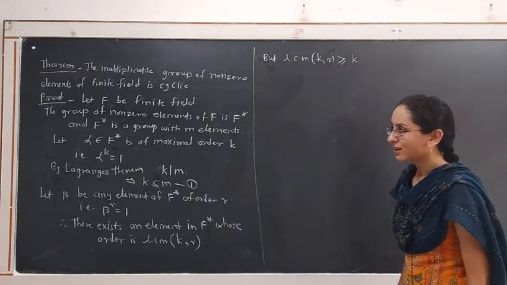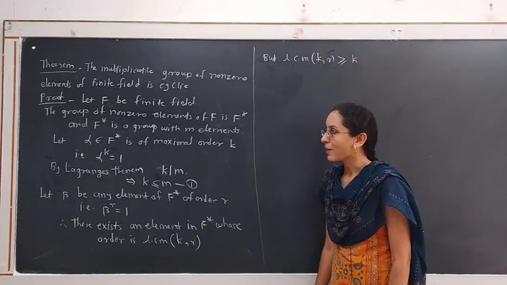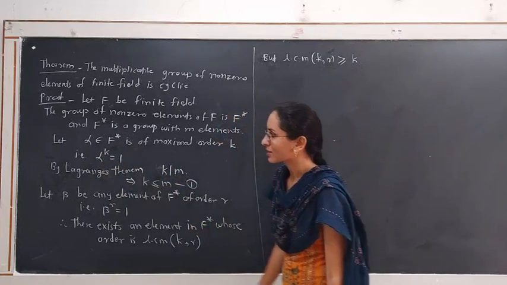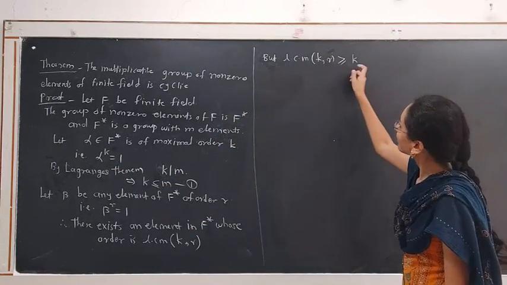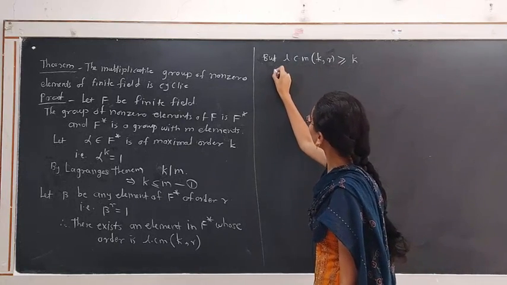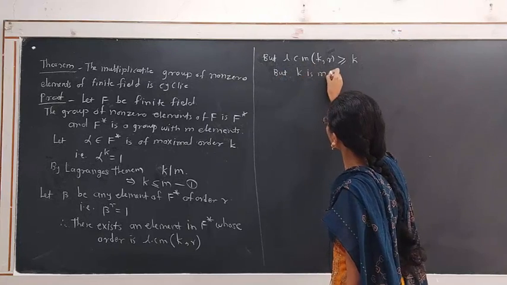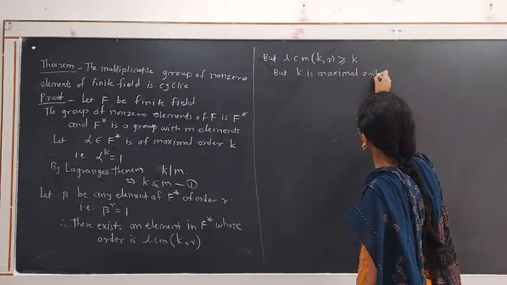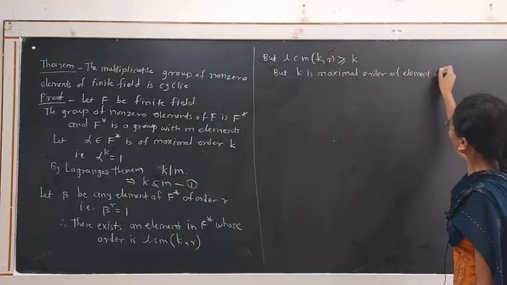But what is K? K is the maximum order of an element of F star. That element is alpha. Hence, this is equality, because K is the maximum order of an element of F star.